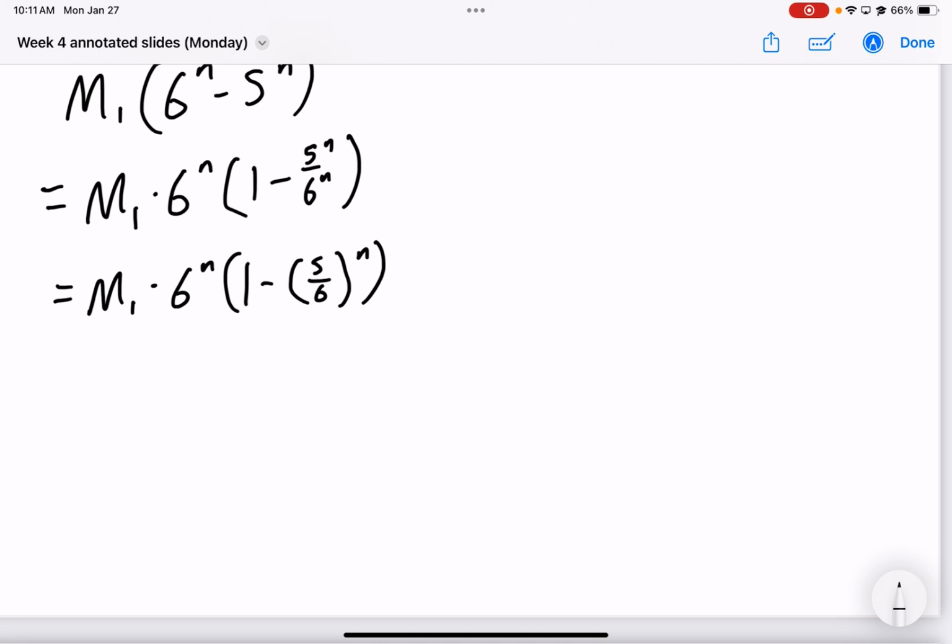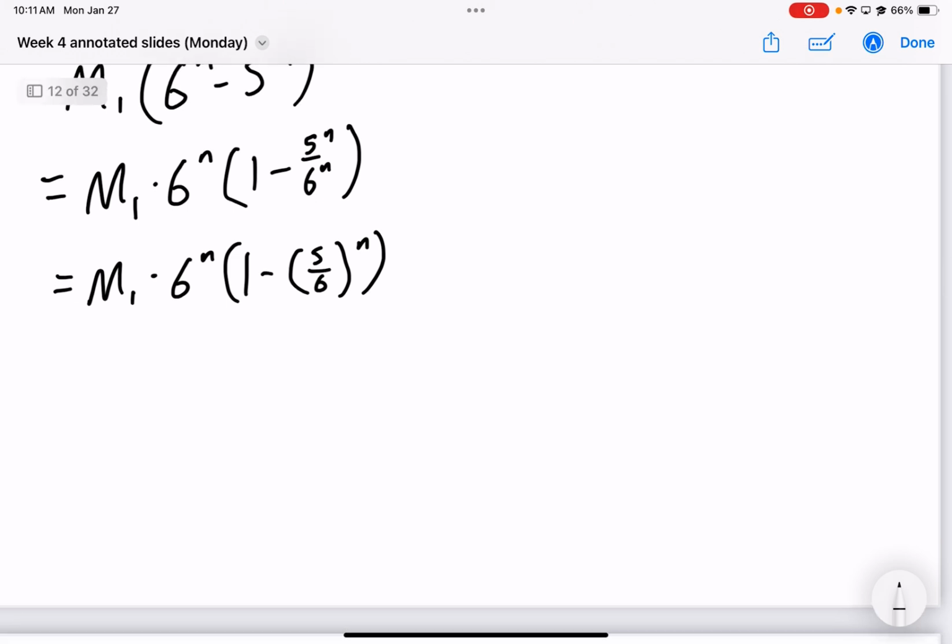And now we have the perfect opportunity to simplify this. If we set n greater than 1, then 5 to the 6th times n is going to be at most 5 to the 6th.